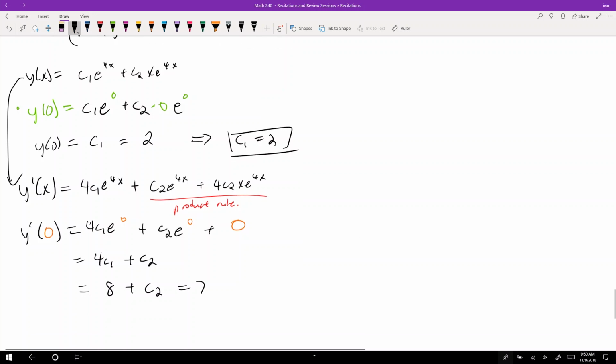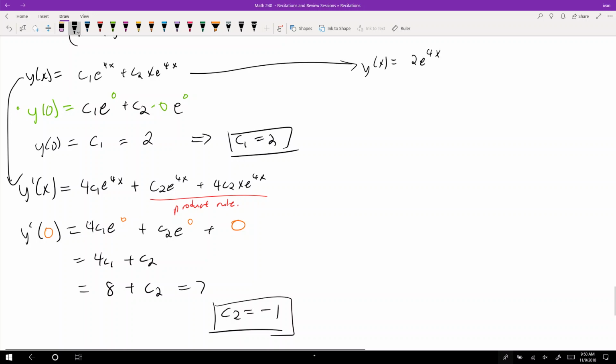And so now we see that c2 is equal to negative 1. And so our final solution is y of x is equal to 2e to the 4x minus x e to the 4x. This is the solution to the initial value problem. Okay, any questions?